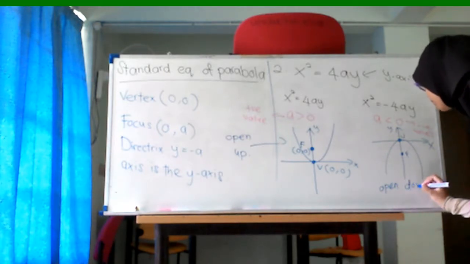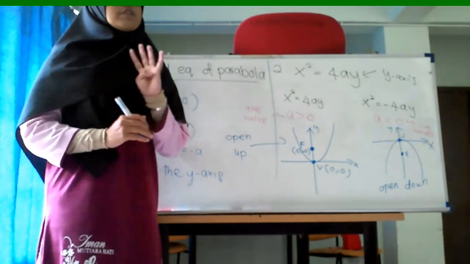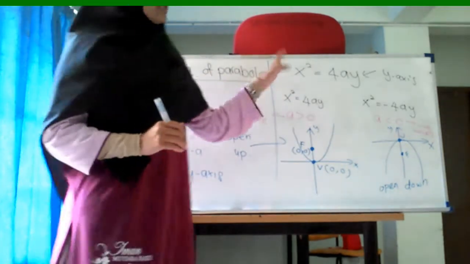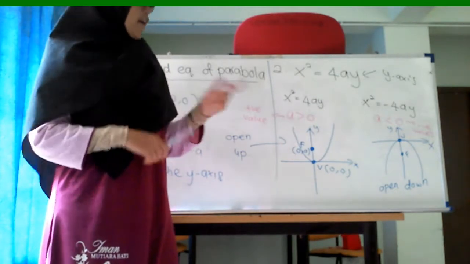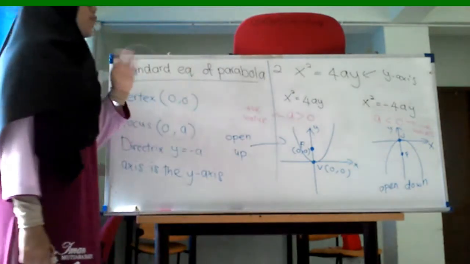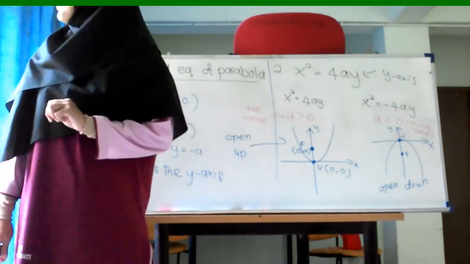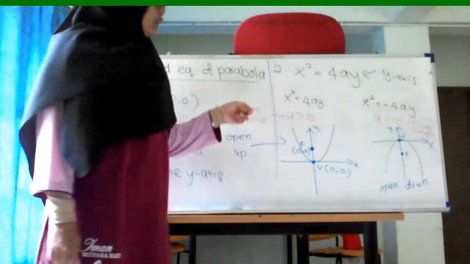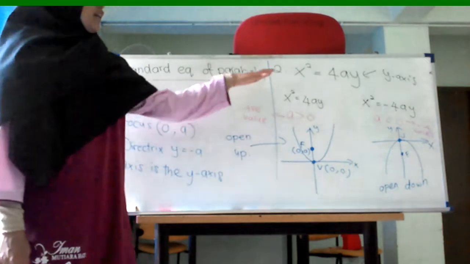So there are four possible standard forms that come out from the standard equations y squared equal to 4ax and x squared equal to 4ay. For y squared equal to 4ax, the parabola will open left or open right, and for x squared equal to 4ay, the parabola will open up or open down.